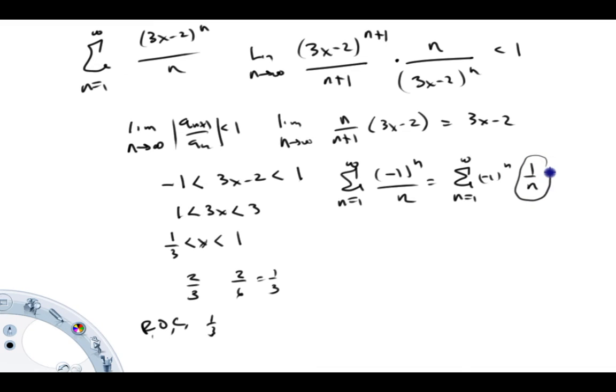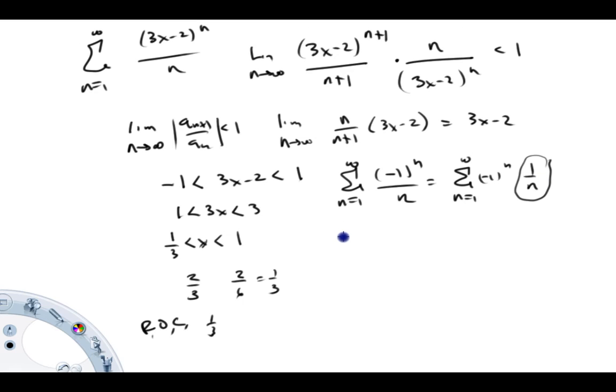First, these terms have to all be positive, and they are. 1 over n is positive for all values of n starting at 1, getting higher. Second, this needs to be decreasing for all values of n after at least some value, and they are. Just by observation, as n gets larger, this gets smaller and smaller forever. And third, that term needs to go to 0 as n goes to infinity, and it does.